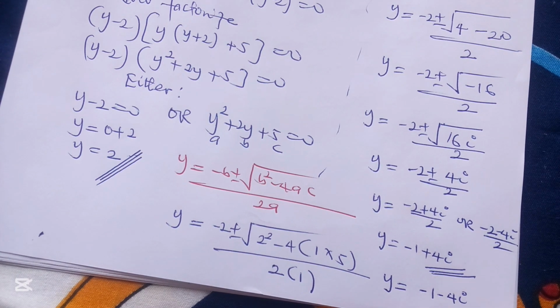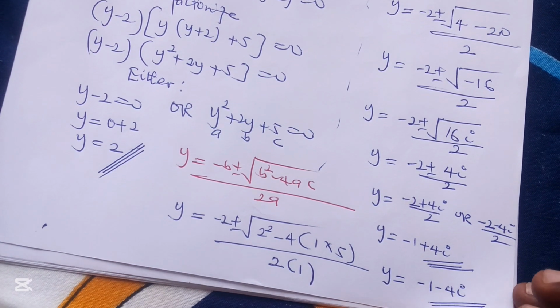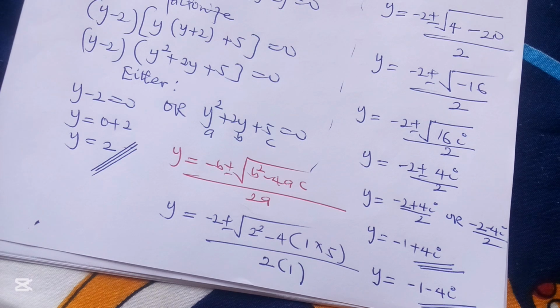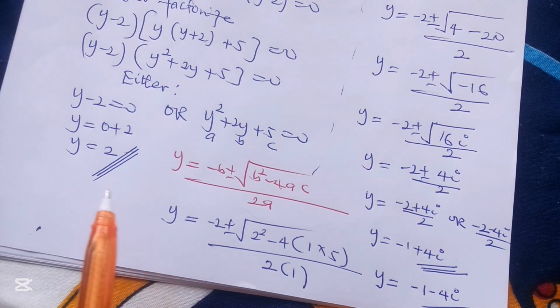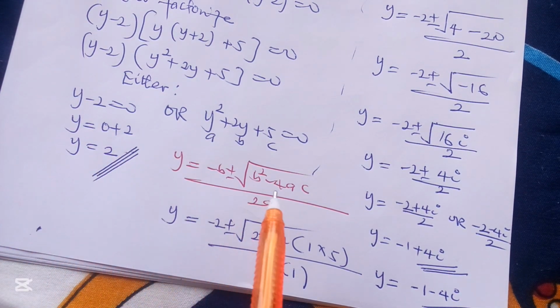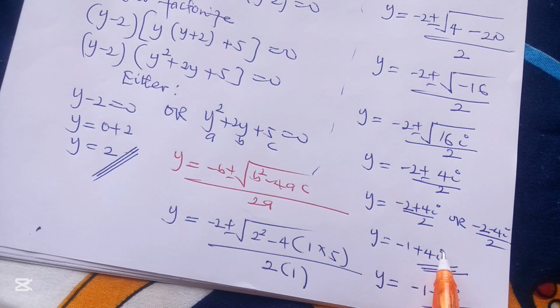Okay, so this is the other value of y. So therefore the values of y are: y equals minus 1 plus 4i, or y equals minus 1 minus 4i, respectively.